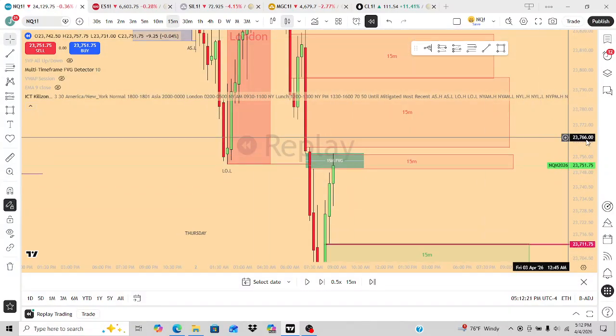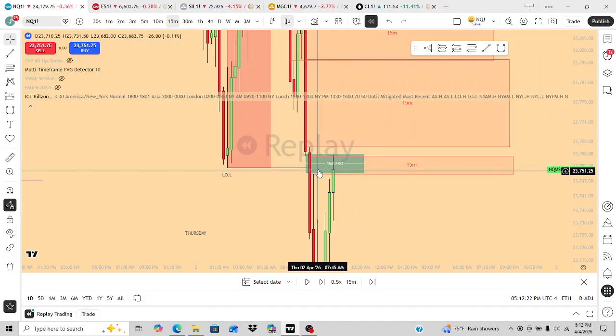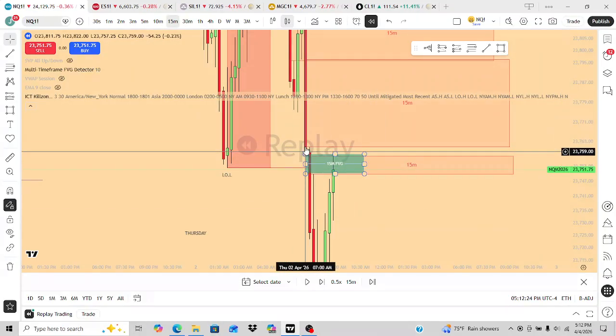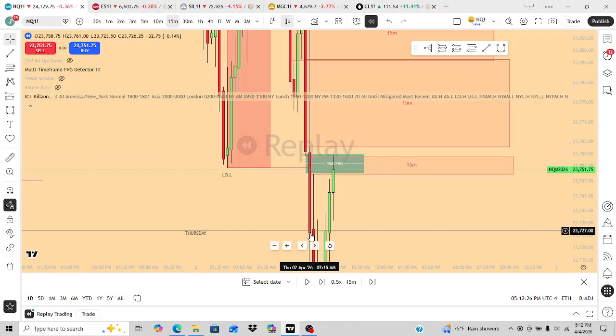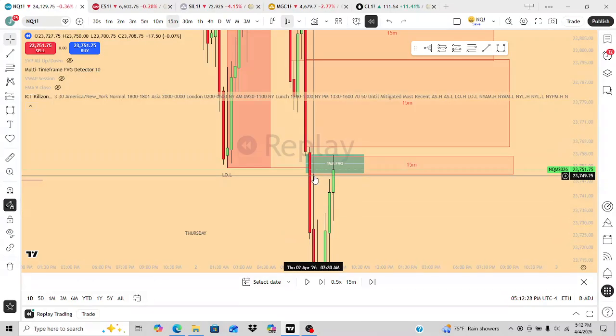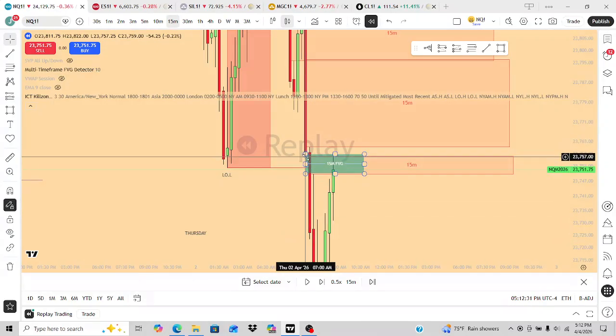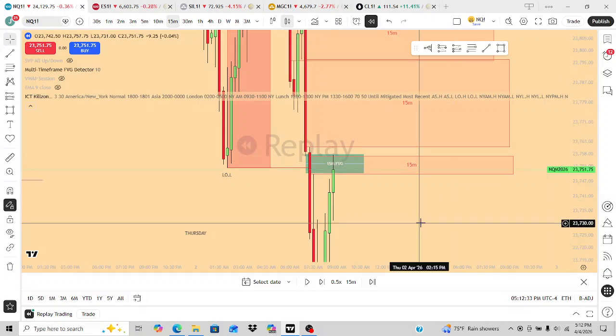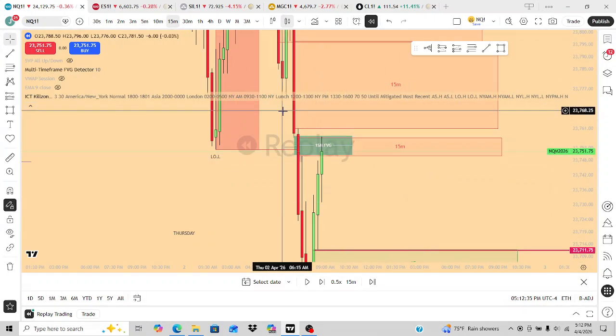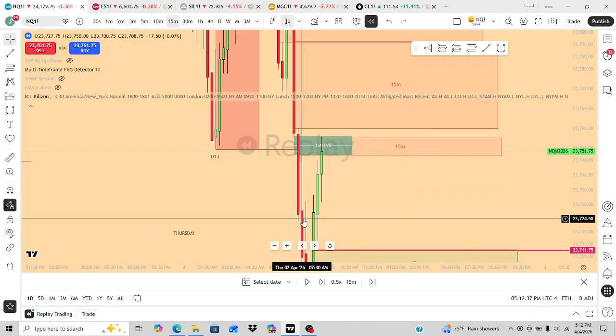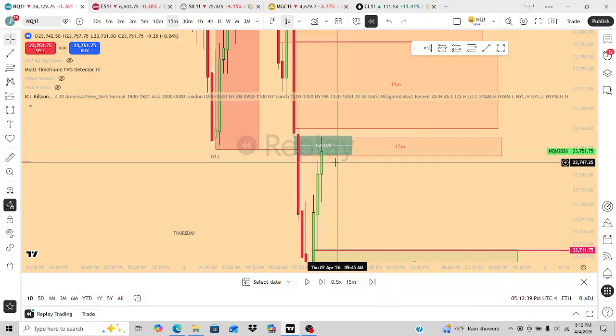And this is also previous to getting tagged into. This was unmitigated, so it just got created from this 1, 2, 3 candle pattern. Remember, the top wick of the third candle and the bottom wick of the first candle creates that fair value gap. So it's unmitigated, meaning price moved so fast down here and left this gap behind. It needs to get filled again. All that liquidity needs to get tagged into again before it can continue its move.